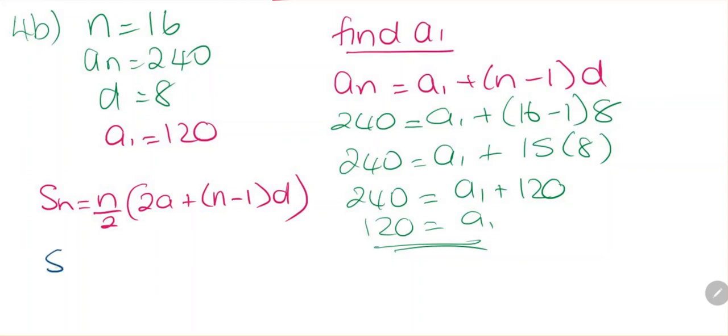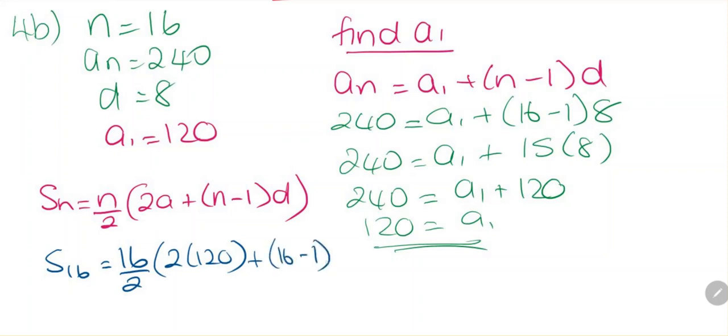We have 16 terms, so that's 16 divided by 2, times 2 times the first term, which is 120, so 2 times 120. n we said is 16, so 16 minus 1, multiplied by the common difference, which is 8.